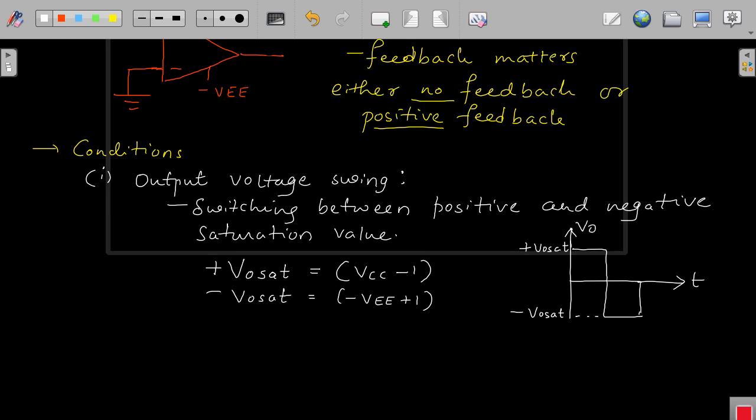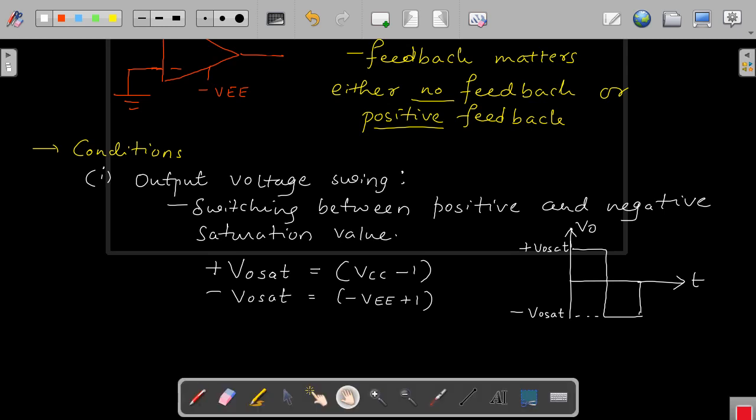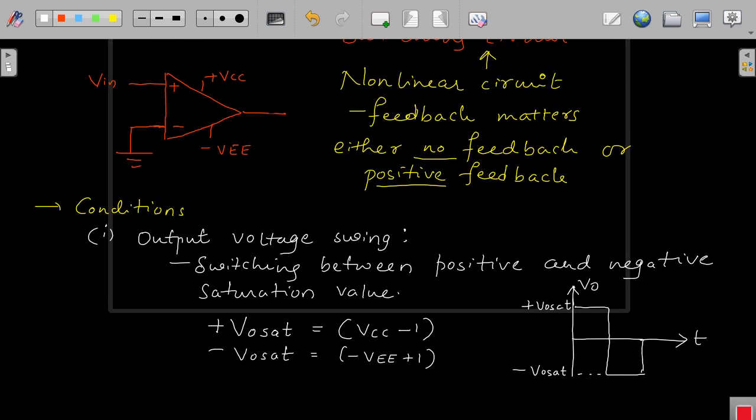What values those plus V naught sat and minus V naught sat are depends upon plus VCC and minus VEE. Suppose your operational amplifier is working with plus 12 volts and minus 12 volts, so this will be 11 volt because it is VCC minus 1. This will be minus 11 volt, minus VEE plus 1, minus 12 plus 1, minus 11 volt.